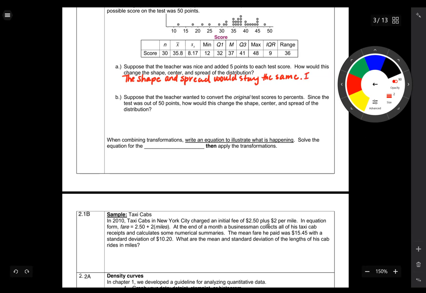Okay, so in other words, according to this graph in this context, and we want to mention this for sure, the shape will remain left skewed because that's what the dot plot shows.